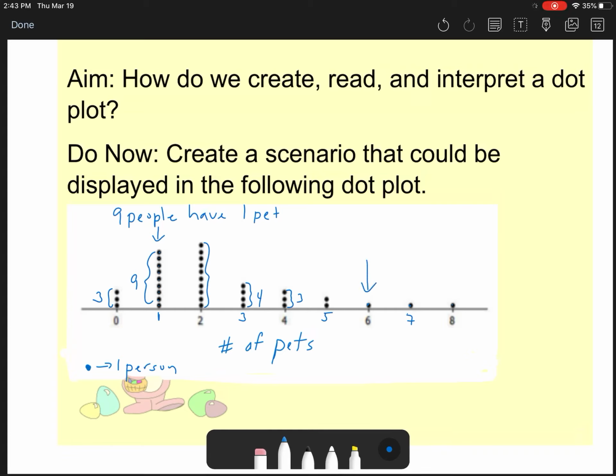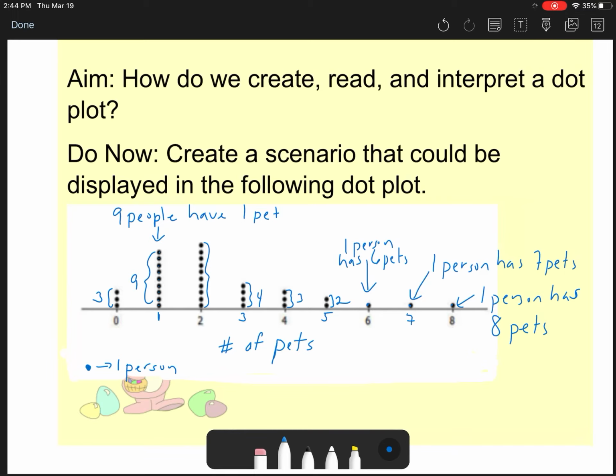Let me just write that down. 1 person has 6 pets. 1 person has 7 pets. 1 person has 8 pets. It can be a little tricky with what the dots represent and what the numbers on the bottom represent. So it's really important to make sure you're labeling them and refer back to the labels if you start to get the two mixed.